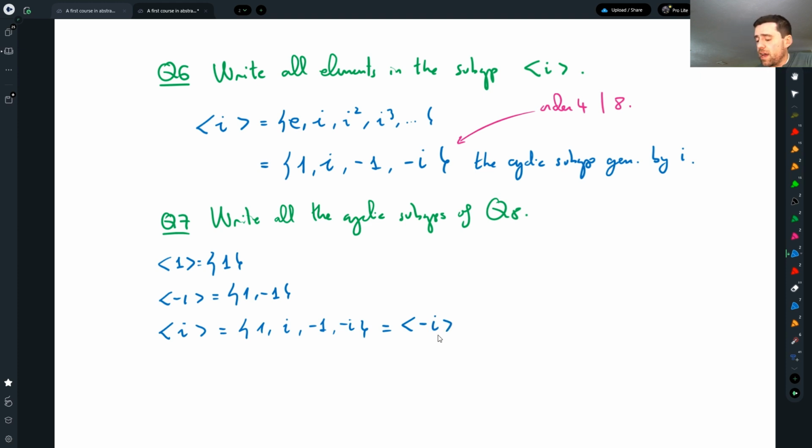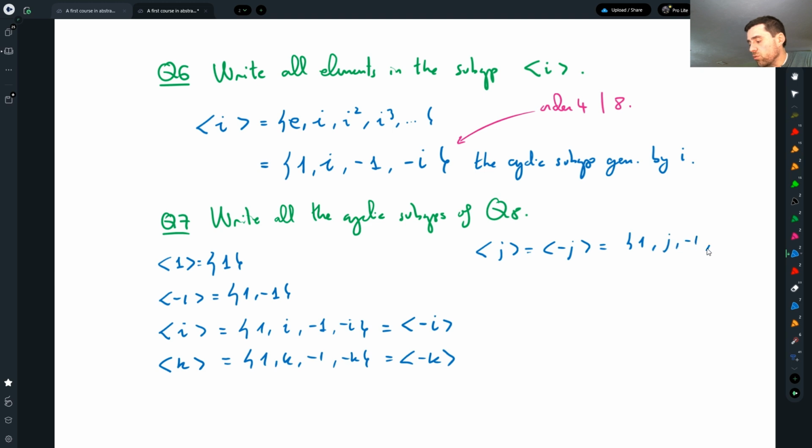Then I have a cyclic subgroup generated by, say, k or minus k. If I generate by k, I get 1, k, minus 1, and minus k, which is the same as the subgroup generated by minus k. And finally, I have the subgroup generated by j and minus j, and that will have 1, j, minus 1, and minus j.